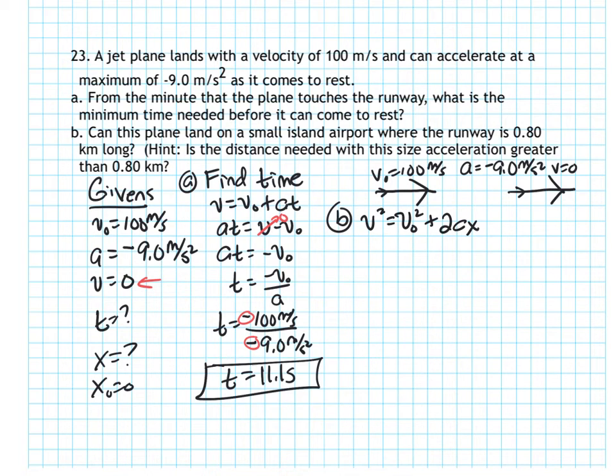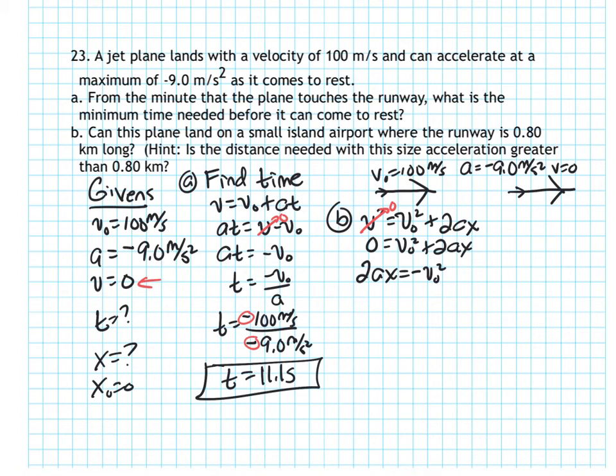I know the final velocity is equal to 0, so I'm going to make that go to 0 and get rid of that altogether. So that's 0 is equal to v naught squared plus 2ax. Okay, start by isolating x. That means I've got to put v naught squared on the other side. So 2ax is equal to negative v naught squared.